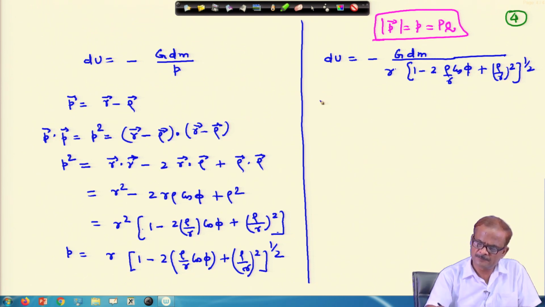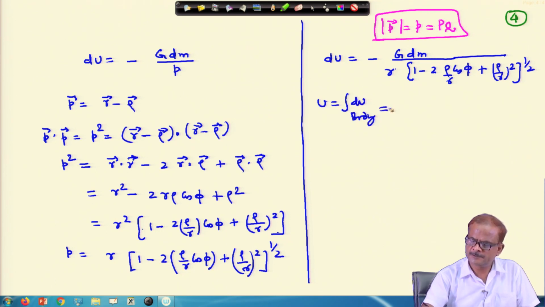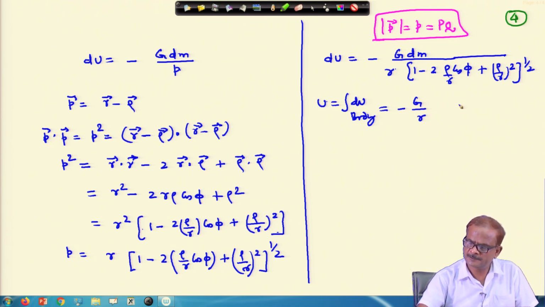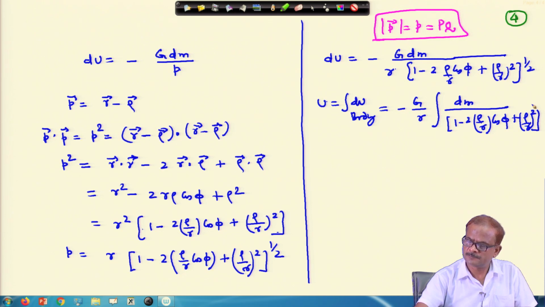And if we have to find out the potential due to the whole body, we just need to sum it over the whole body, and r is independent of the integration over the body, because the integration just depends on the mass where the rho will factor.